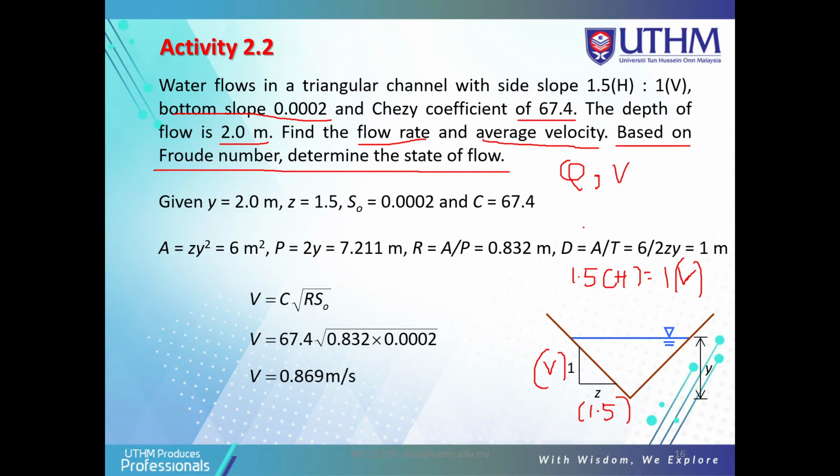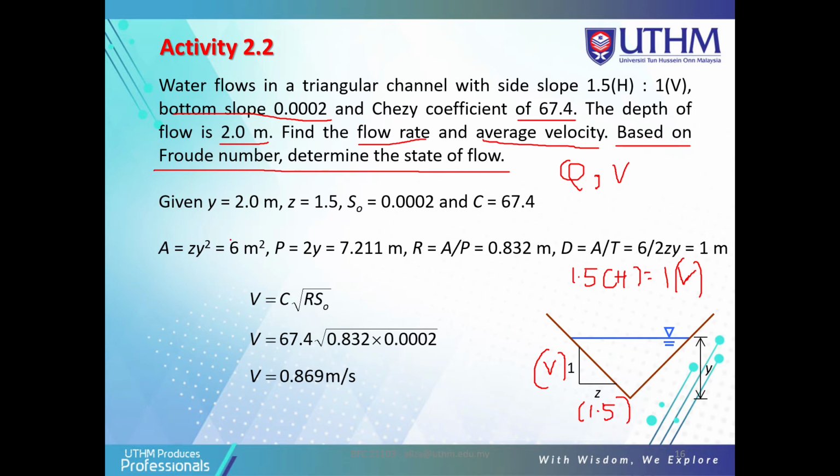So you use the equation for triangular, so A is equal to Z times Y squared. So Z is 1.5, Y is 2.